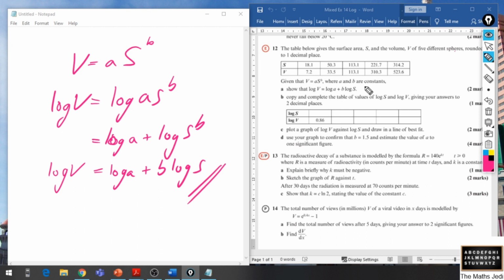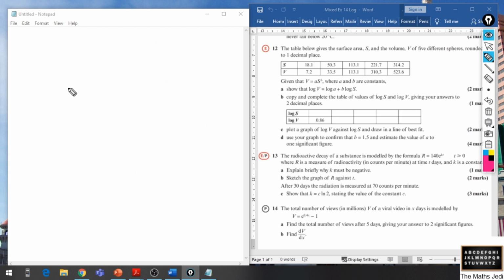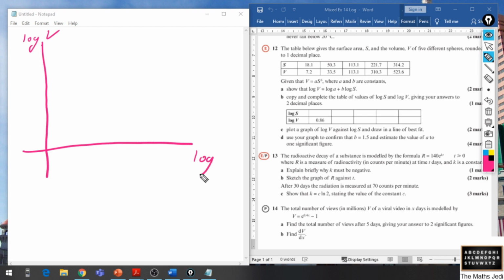I'm expecting a straight line, so let me trash my annotations. I'll show you what we should be expecting. So log v against log s. So remember that's what we would expect. It's interesting the way they've done log s first. So log v would be this axis and log s would be this axis.